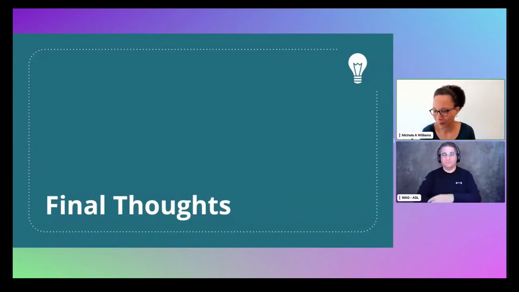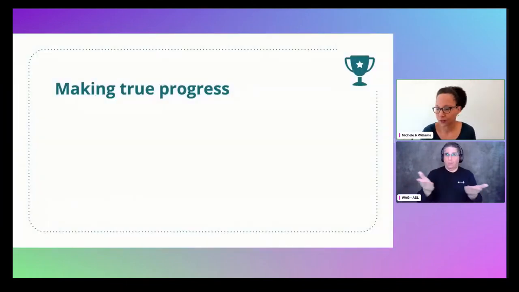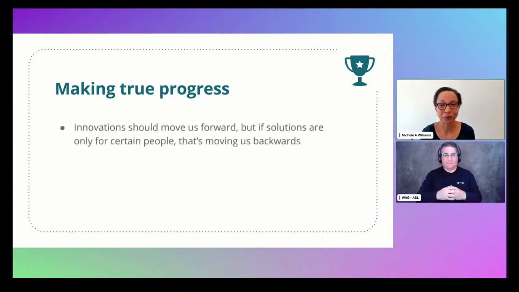So to wrap up, a few final thoughts on this. To relate this to just generally making good, true progress in our product sector, keep in mind that innovations should move us forward, but if solutions are only for certain people, that's moving us backwards.